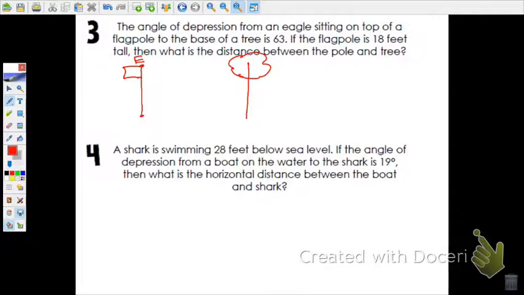So instead of looking straight ahead, the eagle is looking down, and that angle of depression is 63. The flagpole is 18 feet tall. We are looking for the distance between the pole and the tree.